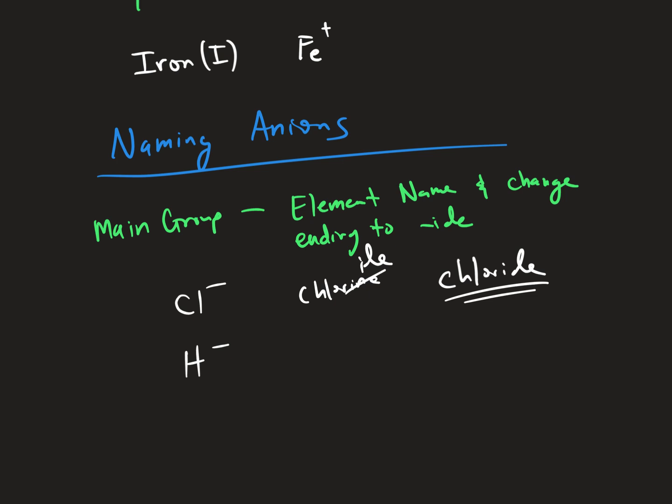Yeah, that's hydrogide. We keep it simple. Lower number of syllables, hydride. So hydrogen. Change the ending to IDE, hydride. Try to keep the syllables down so it's not too clunky. Good?